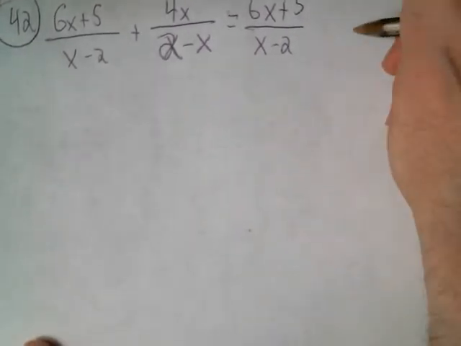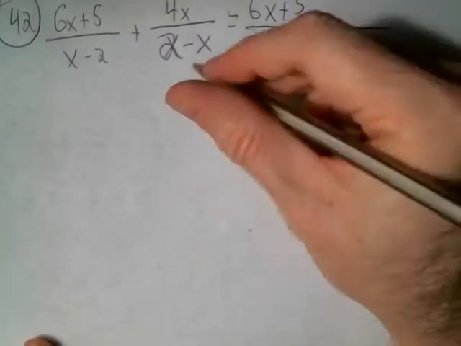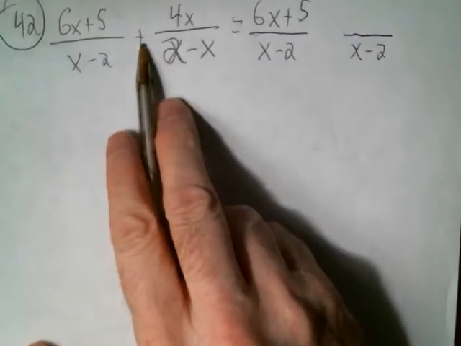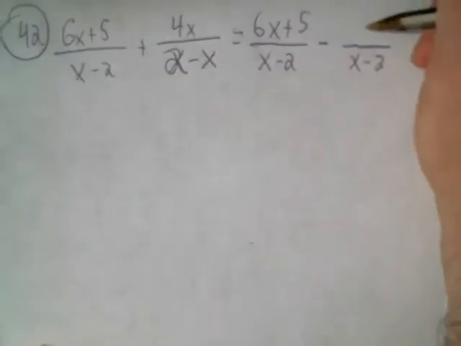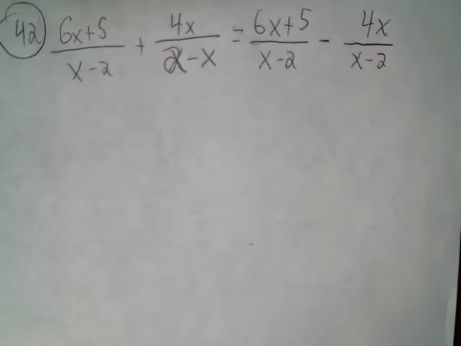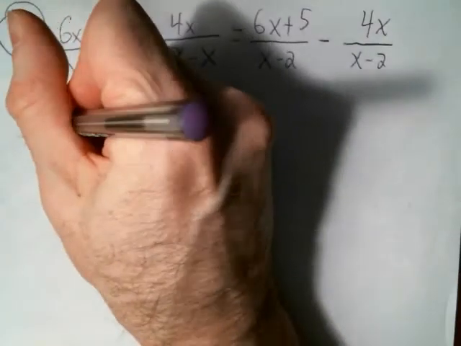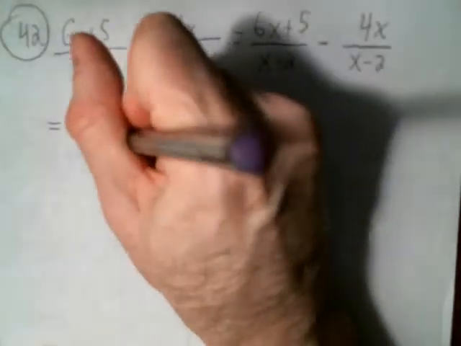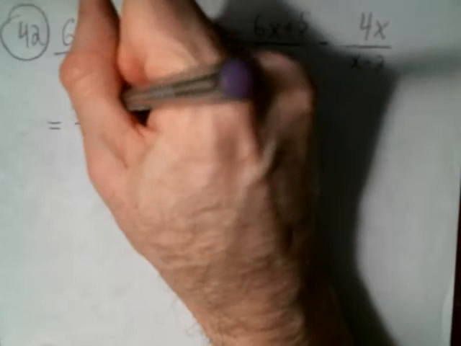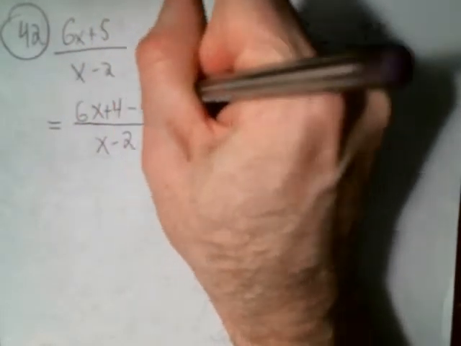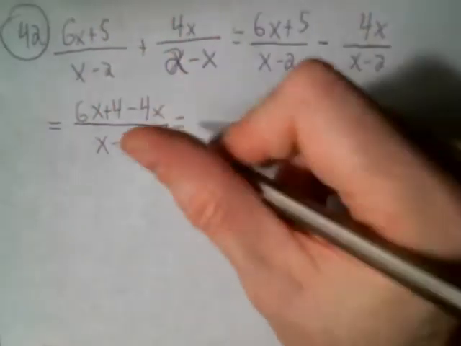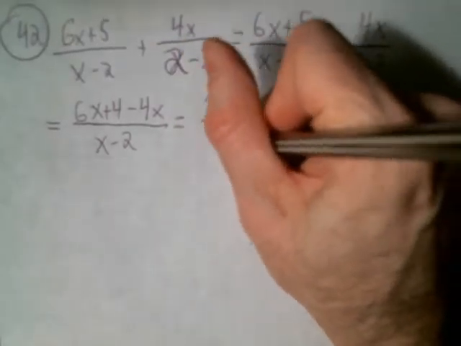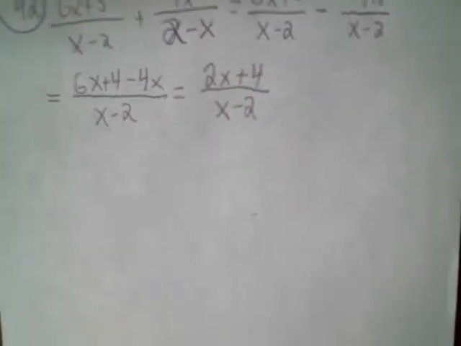So what did we say? We need to change the 2 minus x to x minus 2, and then we change this sign from plus to minus. So this will now be a minus. And then from this point on, it's just like a problem from before. We borrow the common denominator and subtract the numerators over it. So 6x minus 4x is 2x. And then I think we're stuck there.